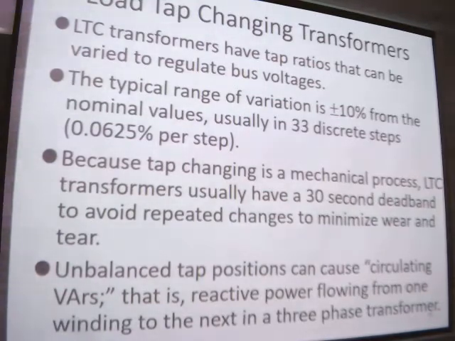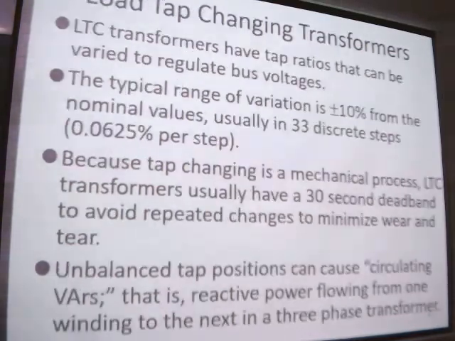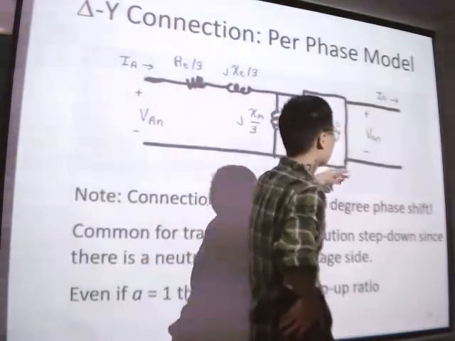So the unbalanced positions versus the circulating currents, okay? So reactive power will flow from one winding to the next, okay? So that's over. So here's the phase shifting transformer, okay? So what is phase shifting? We say that this is the phase shifting transformer.